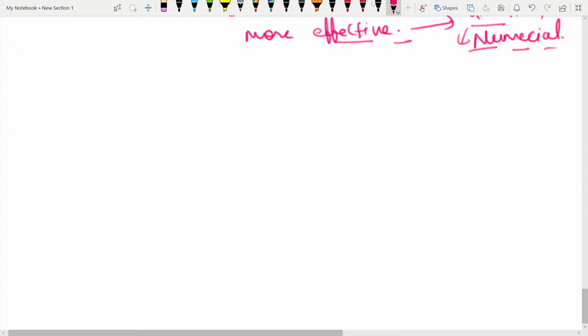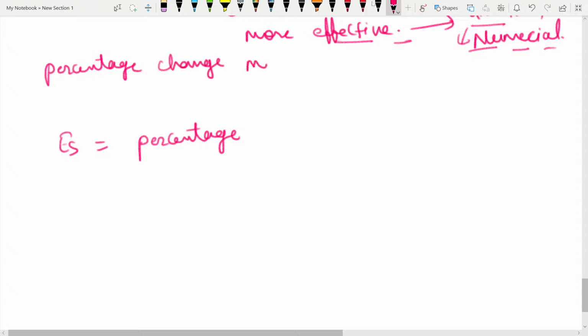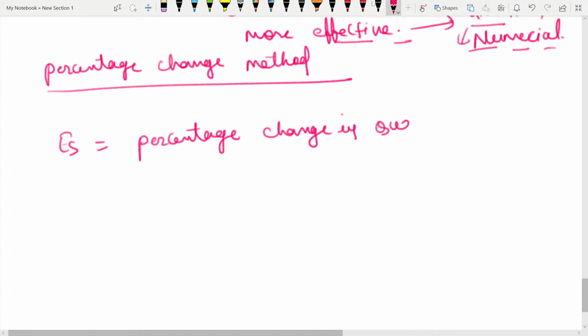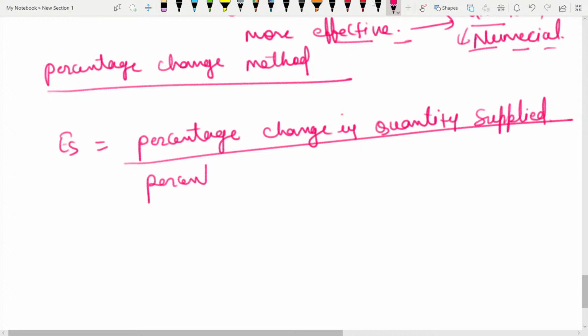Measurement of price elasticity of supply: percentage change. If we write down the formula, elasticity of supply is the percentage change in quantity supplied divided by the percentage change in price.